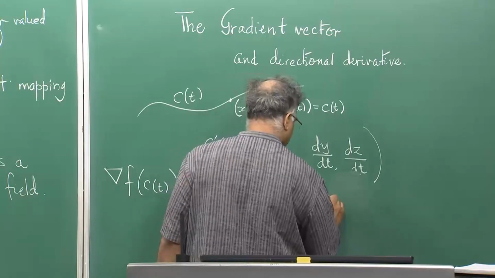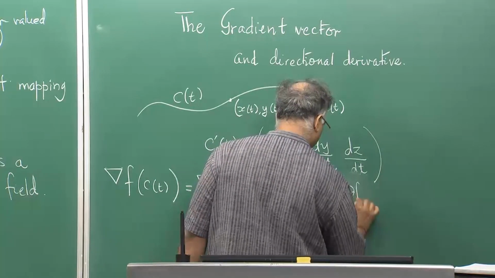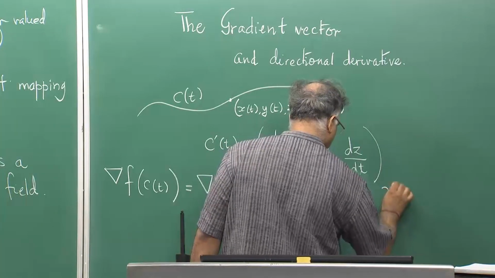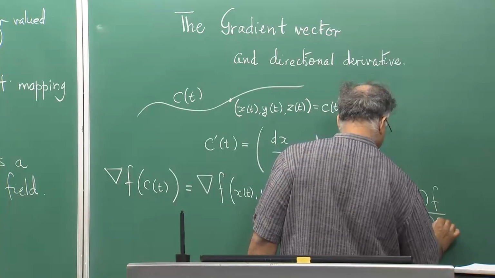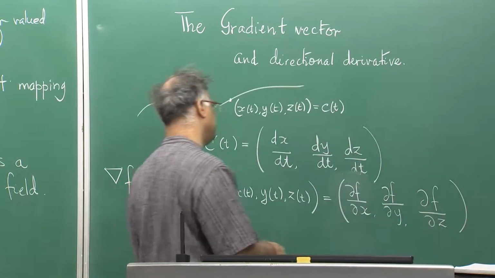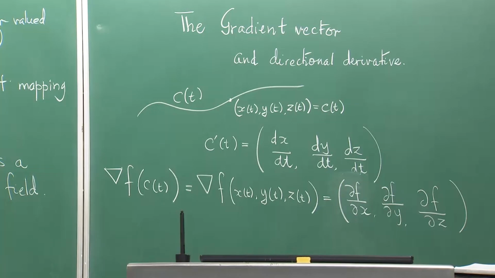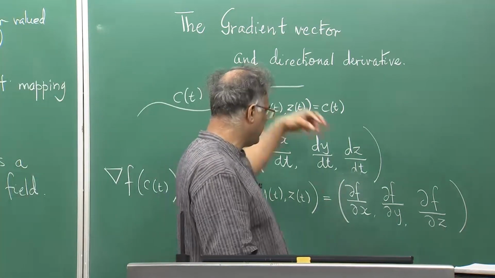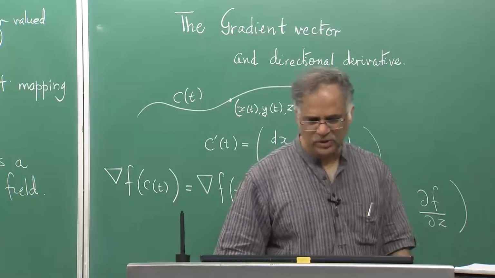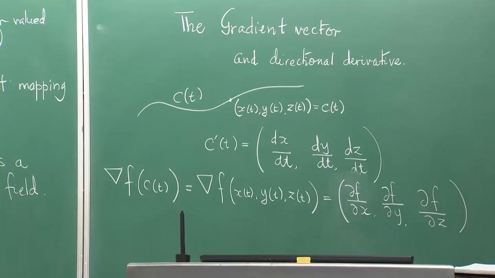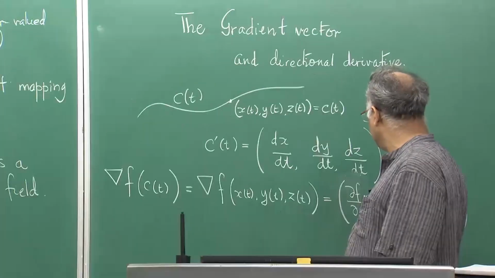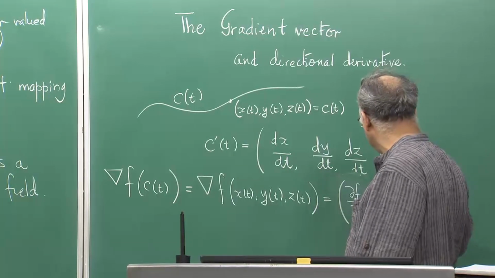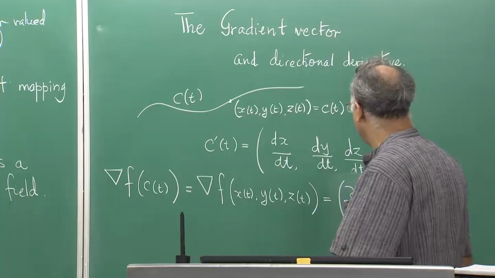So, let me write it as del f/del x, del f/del y, del f/del z. You take the gradient and evaluate it at the point x(t), y(t), z(t), and then take the dot product of these two.